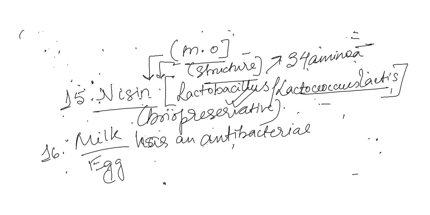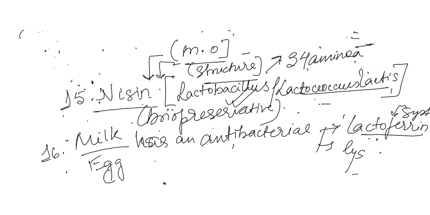So what are the respective antibacterial agents they have? One is lactoferrin. In this, you can study the lactoferrin system. And another one over here is lysozyme. How does the lactoferrin system work? That you can know in the relevant part. So this can be taken. Selectively, a few questions I have taken.